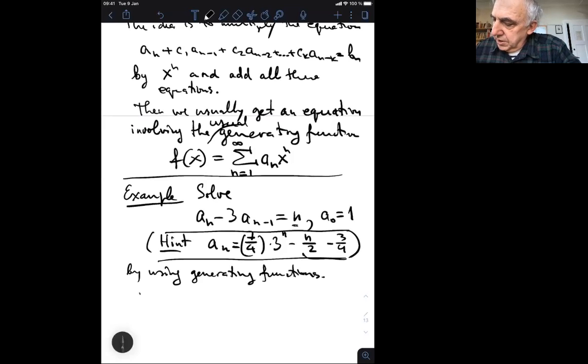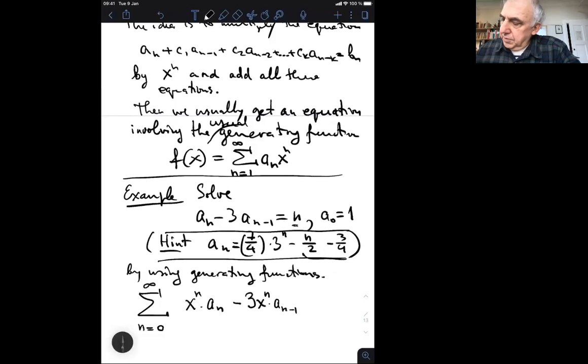So I have a summation, here we start enumerating from 0, so from 0 to infinity, of x^n a_n minus 3x^n a_{n-1}, and this should be equal to the sum of n x^n.